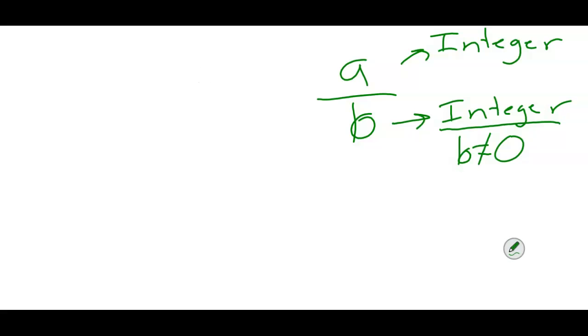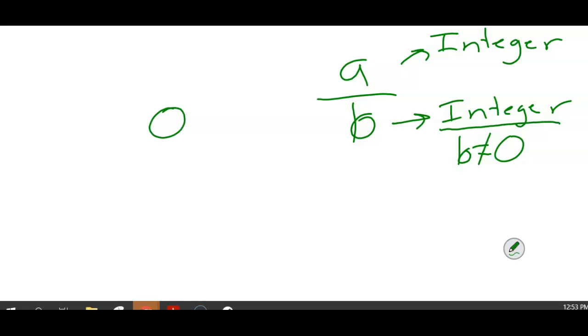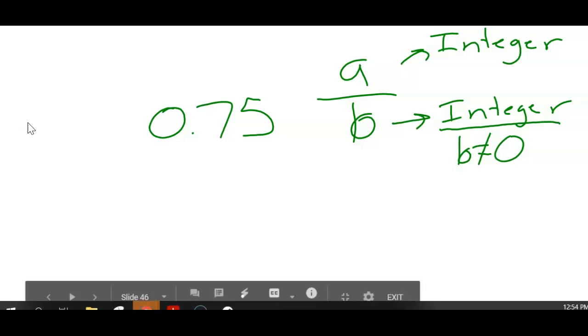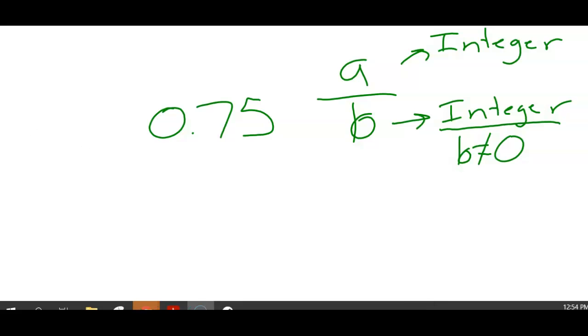All right, what about 0.75? I want you to find a partner and talk about whether you think 0 and 75 hundredths is a rational number. Thumbs up, yes. Thumbs down, no. Not sure. All right, Brogan.